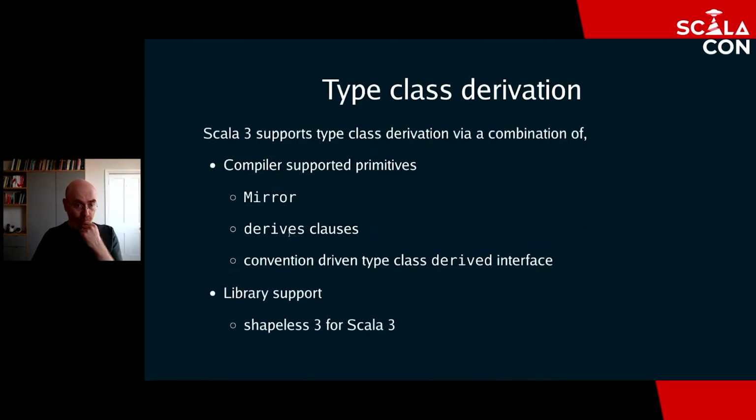So Scala 2 has no built-in mechanism for doing that. Shapeless 2's raison d'etre in the end turned out to be pretty much to provide that kind of type class derivation support for Scala 2. It works well enough.